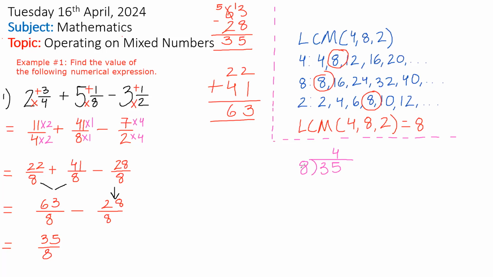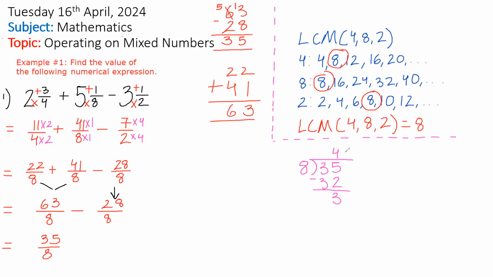And so 8 into 35, 8 times 4 is 32. Very good. So we have 35 minus 32. So 5 minus 2 is 3.